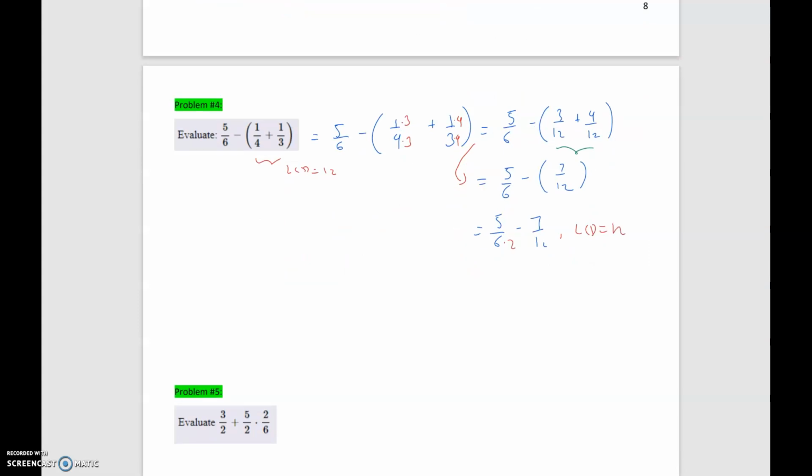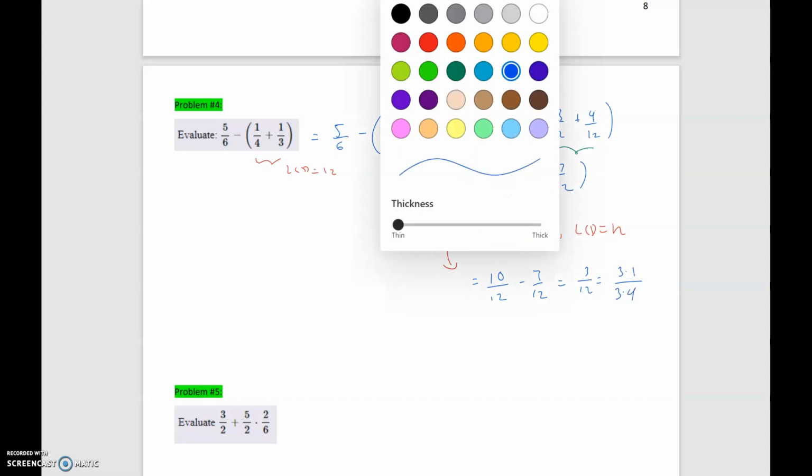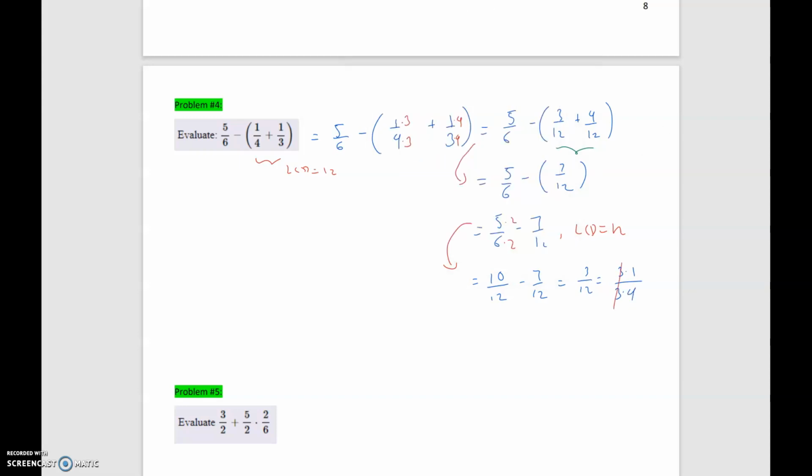So multiply times 2 and times 2. So we're looking at 10 twelfths minus 7 twelfths, or the value of 3 twelfths, which actually reduces, 3 times 1 and 3 times 4. And we end up with 1/4.